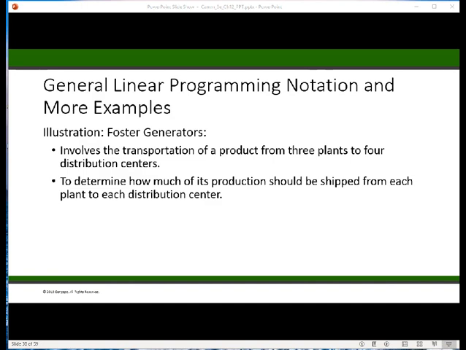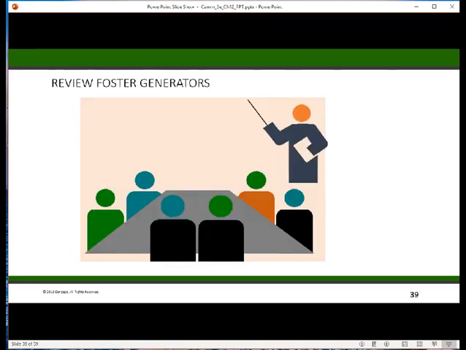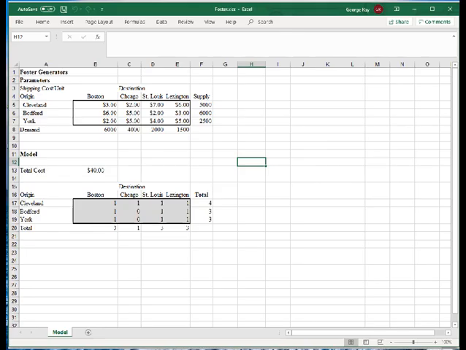Of course Foster Generators is the example we're going to be looking at. We'll bring that spreadsheet right up so that we can see it. Here is Foster Generators, and we can see that we have origins in Cleveland, Bedford, and York, and destinations of Boston, Chicago, St. Louis, and Lexington.